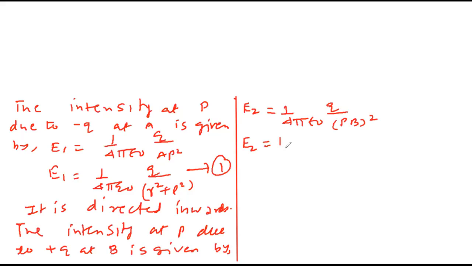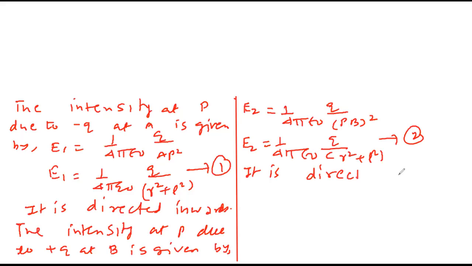That is 1 upon 4 pi epsilon naught Q upon R square plus L square, since PB is the same as AP. It is directed outwards.